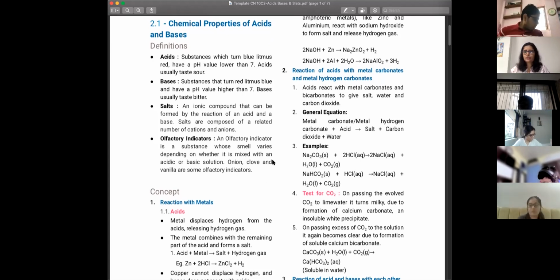Divya, what is going on? How much are you done with? Almost done. No, acid, base, and salt. All right. So Mansi, you're also done. So is there any specific part you want to focus on, Mansi?